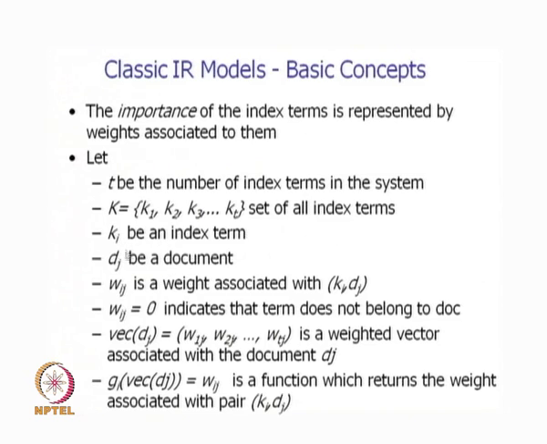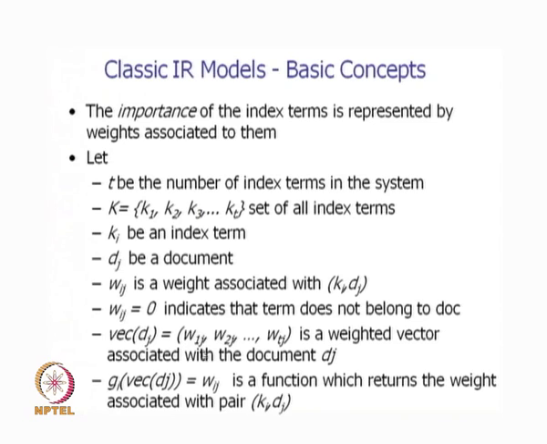d_j is a document, w_ij is a weight associated with (k_i, d_j). So, that means, what is the weightage of k_i, an index term, with respect to this document d_j. w_ij equal to 0 indicates that the term does not belong to the document.